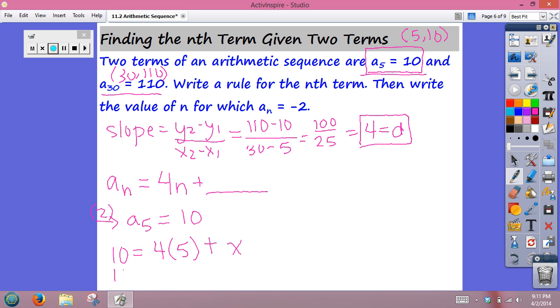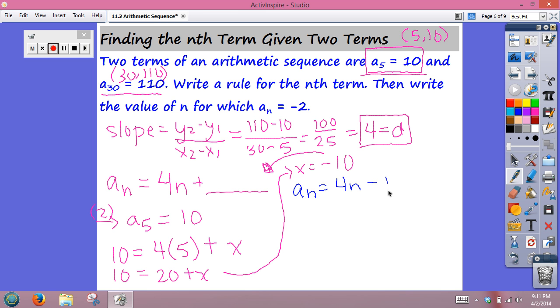So we get 10 equals 20 plus x, so we get x equals negative 10, and that's the number that we're going to plug back into our equation for our rule for the nth term. So our equation is an equals 4n minus 10.